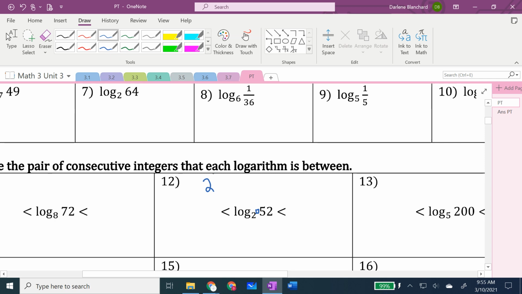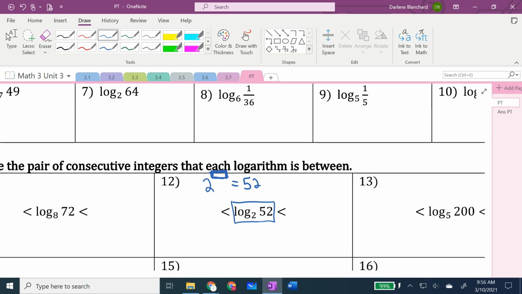So ultimately what it is saying is that logarithm is the exponent on a base 2 that gives you an answer of 52. This entire expression that I'm putting in the box is this exponent. Logarithms are themselves exponents.